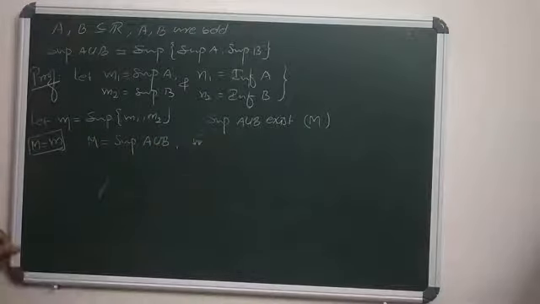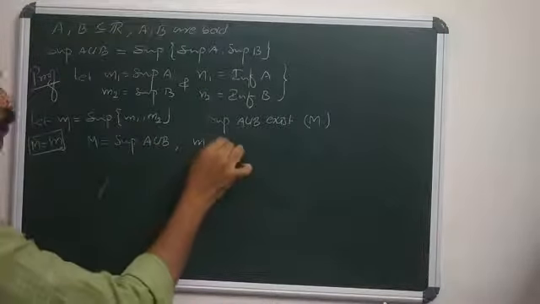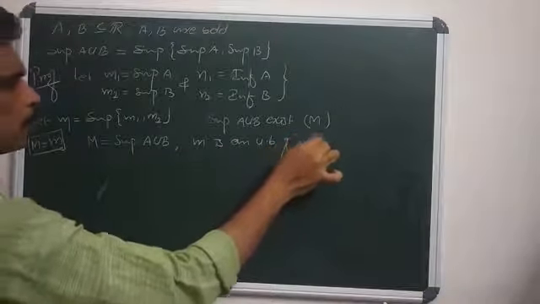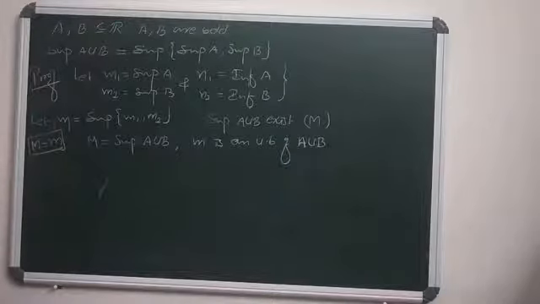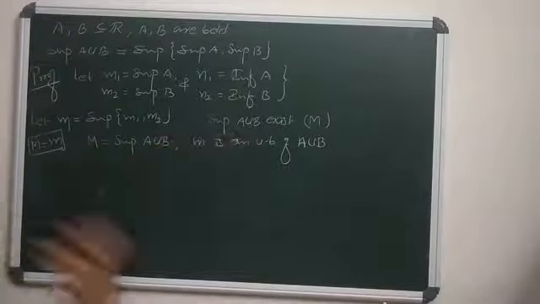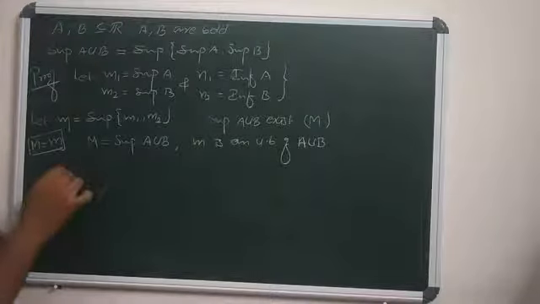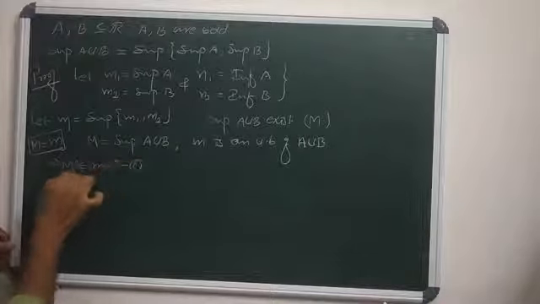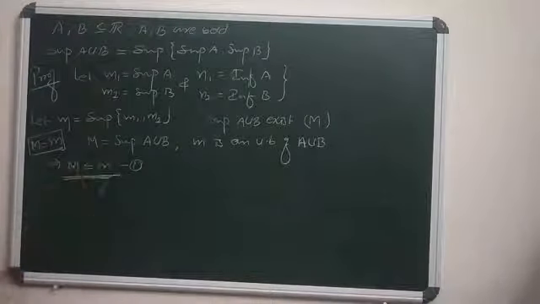That means m is an upper bound of A union B. Since M is the supremum of A union B and m is an upper bound of A union B, clearly we have M less than or equal to m, mark it as 1. Why? Because M is the least upper bound, and m is any upper bound of A union B, so surely M is less than or equal to m.